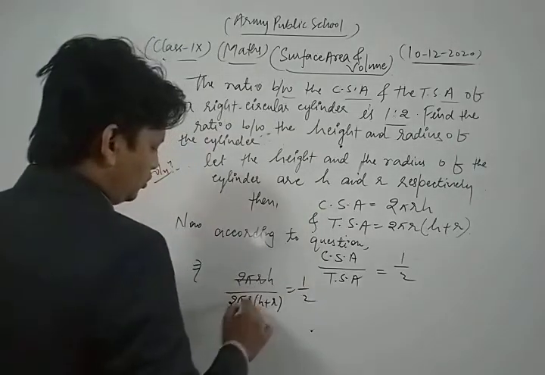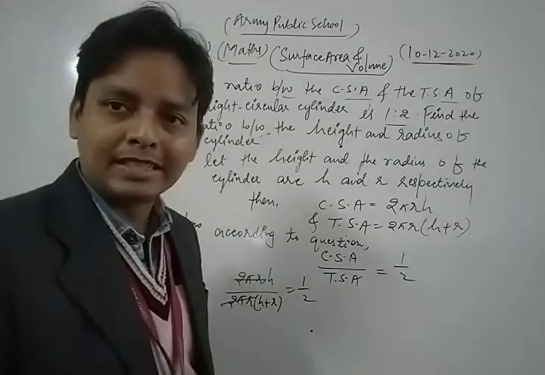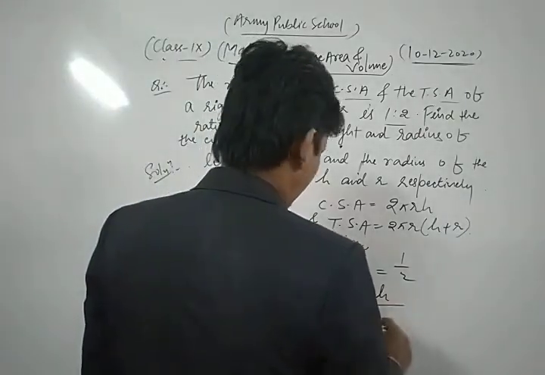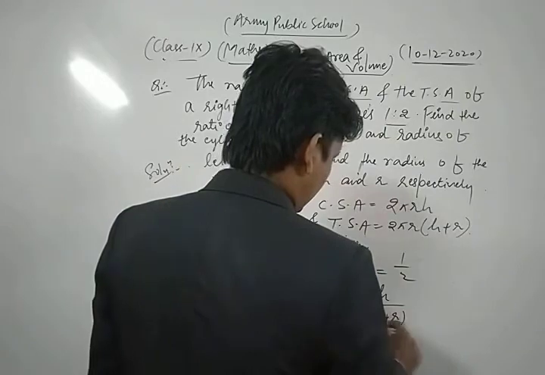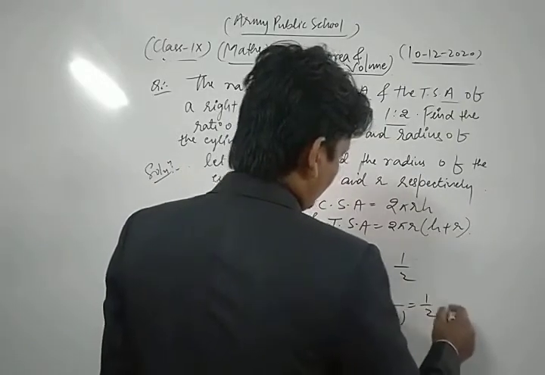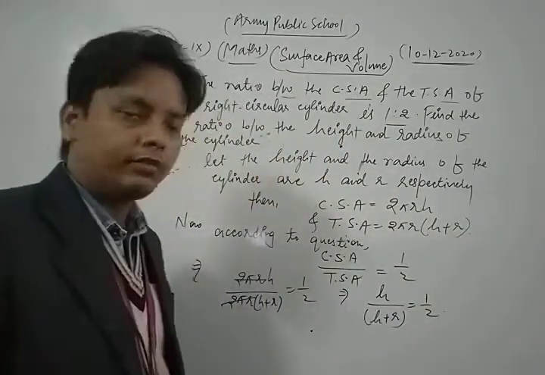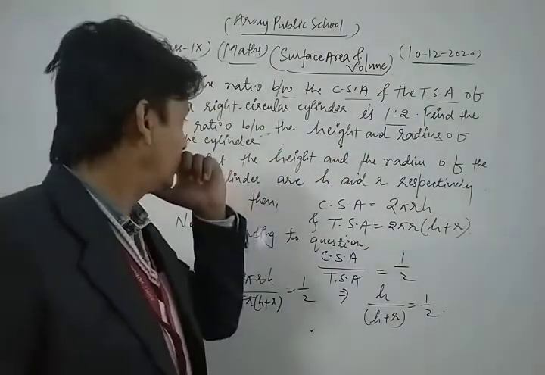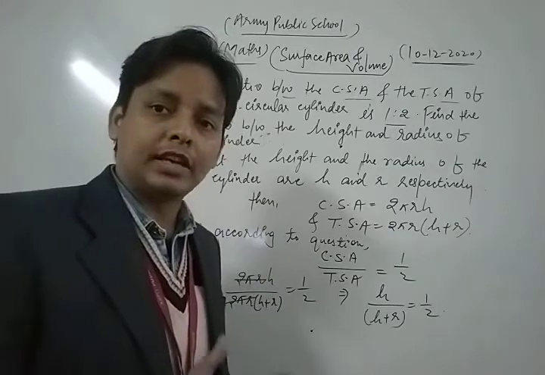Now 2 pi r and 2 pi r cancel each other. So we get h upon (h plus r) is equal to 1 upon 2. Dear student, what do we find in that question? We find the ratio between the height and the radius of the cylinder, that is h upon r.